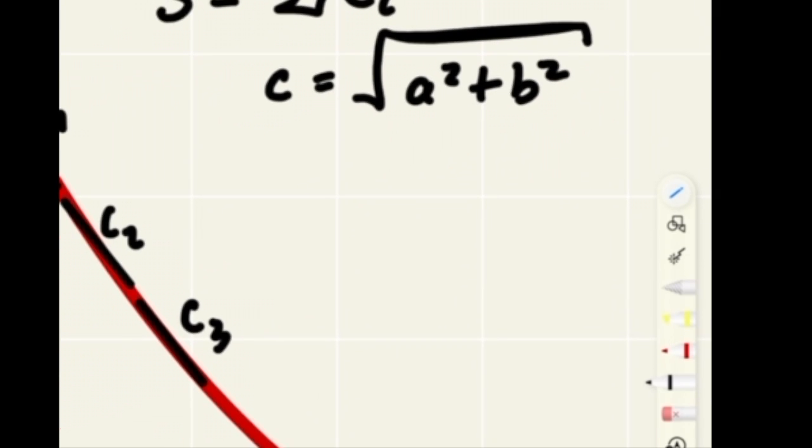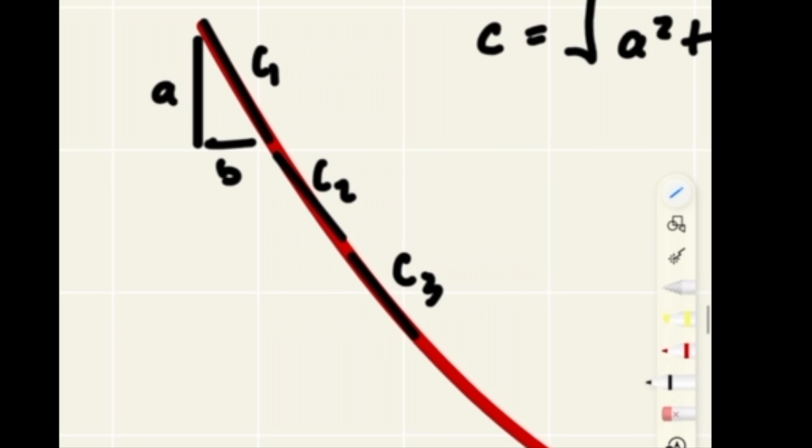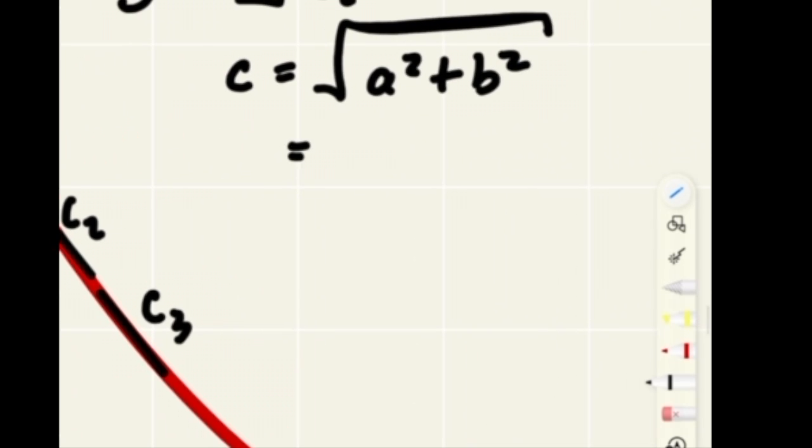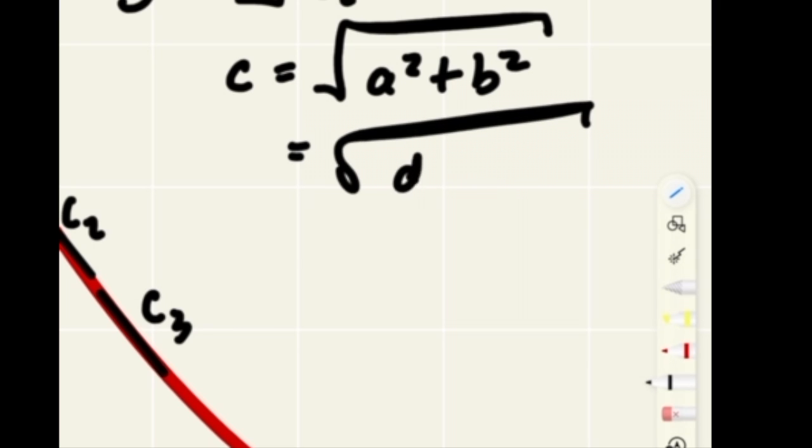But a lies along the y-axis and b lies along the x-axis. So really this is some small distance in x, and this is some small distance in y, right? So then we can rewrite this as the square root of the small distance in x squared plus the small difference in y squared.